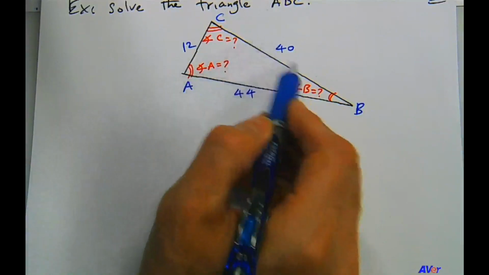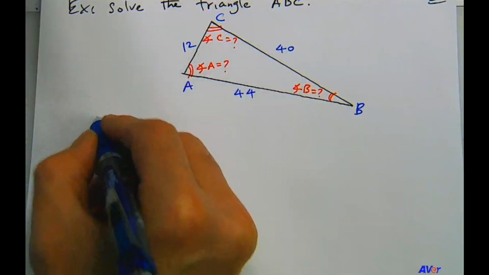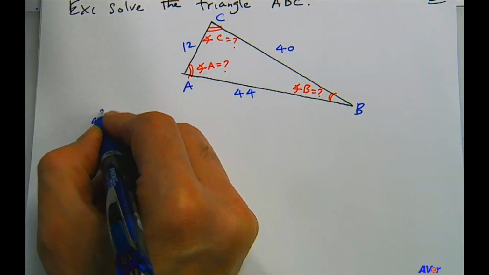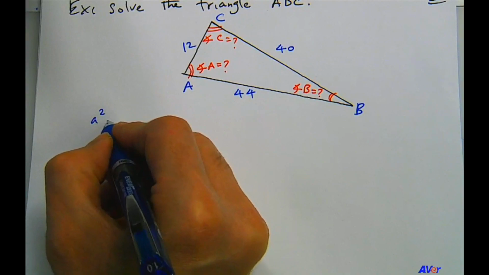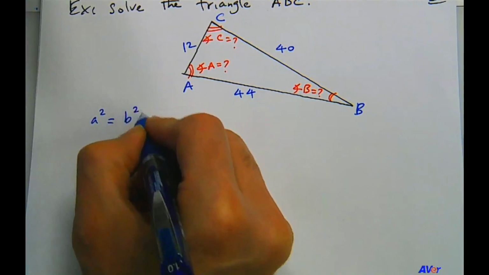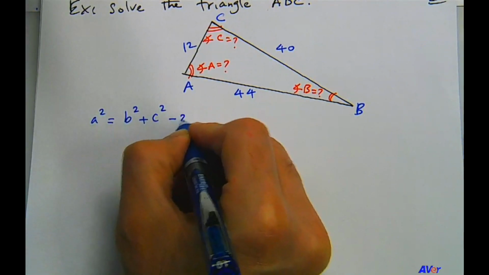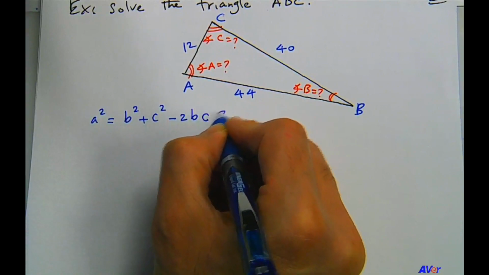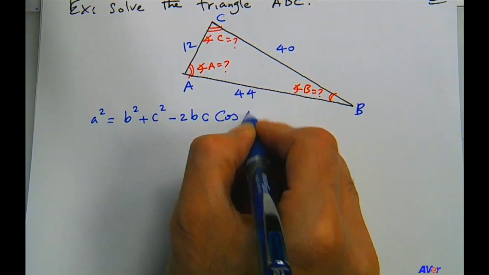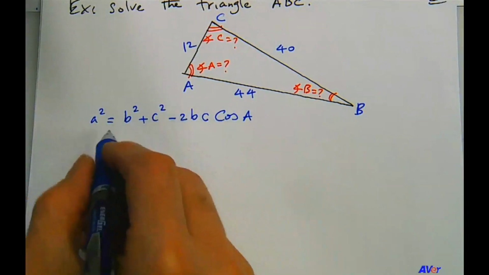Angle A is opposite side A, so this will be A squared equals B squared plus C squared minus twice BC cosine of A. All right, that's the formula.